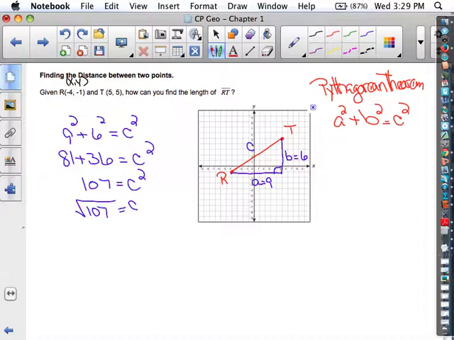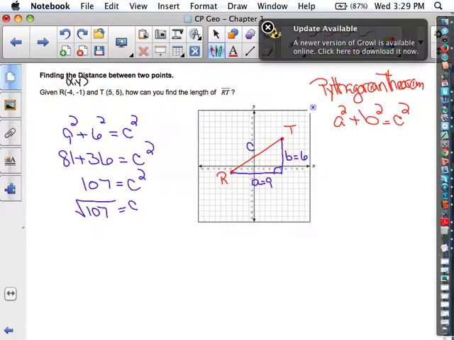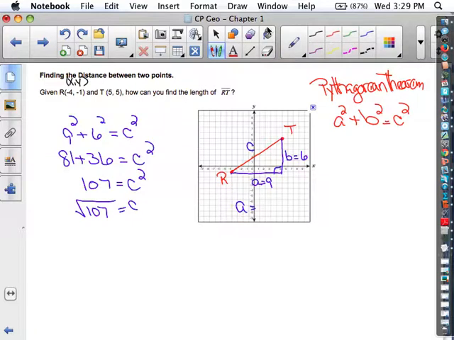Now, if we think about this, and we want to get to the distance formula, this value of A is really taking this x coordinate, which we're going to call x1, and this x coordinate, which we're going to call x2, and actually just finding the absolute value.